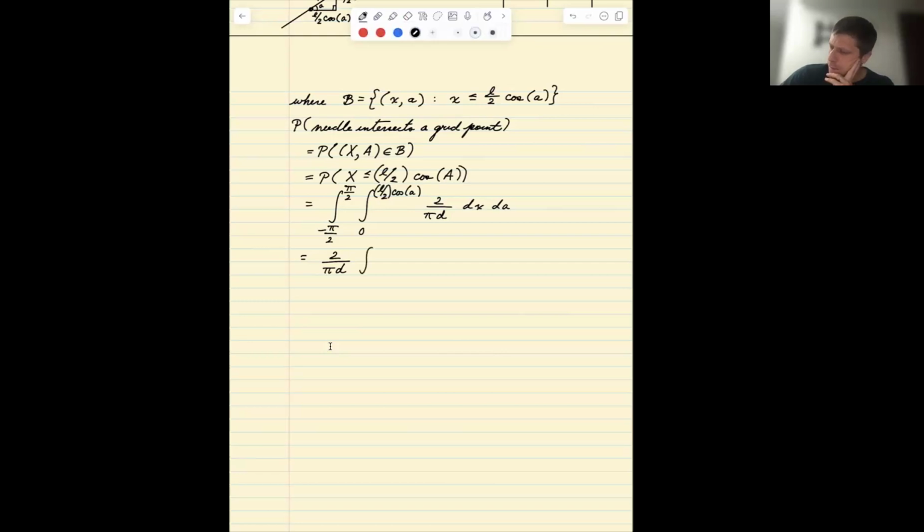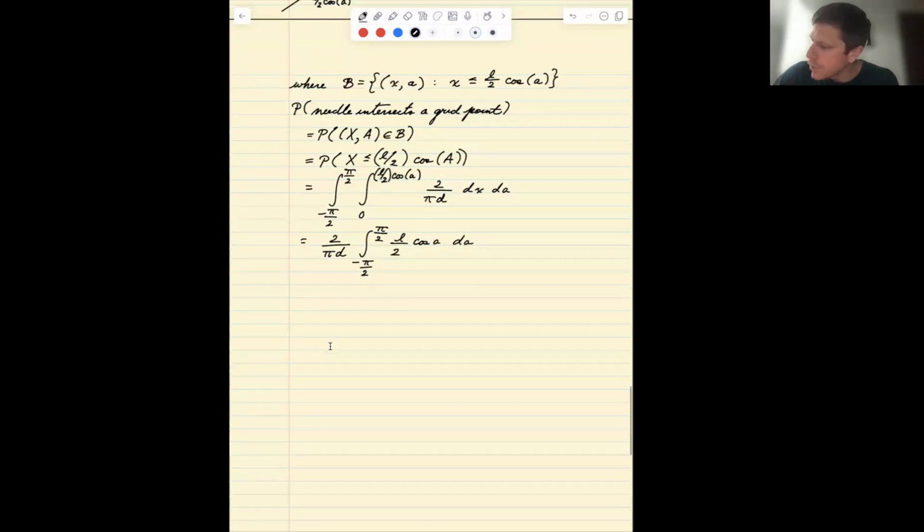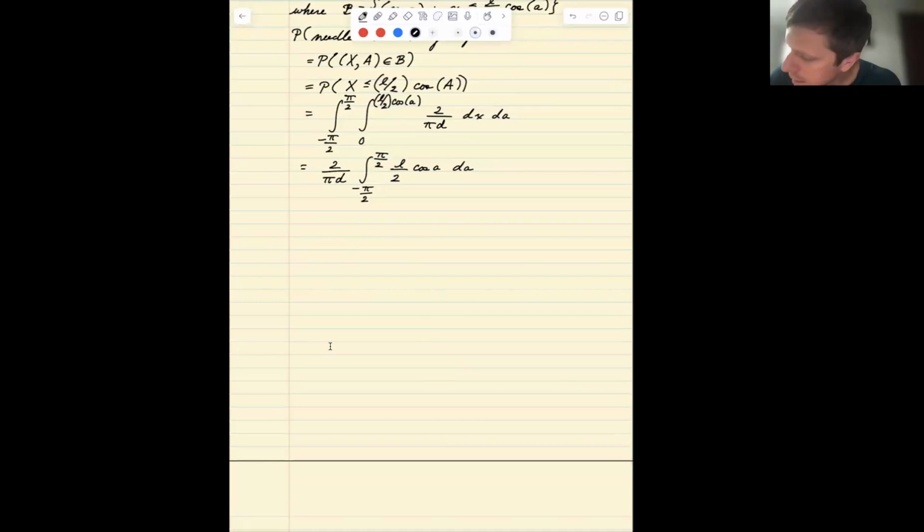So this ends up being the integral from minus pi over 2 to pi over 2 of L over 2 cosine of A dA. The integral of cosine is sine. So we get 2 over pi d, L over 2, so we get L over pi d sine A from minus pi over 2 to pi over 2.